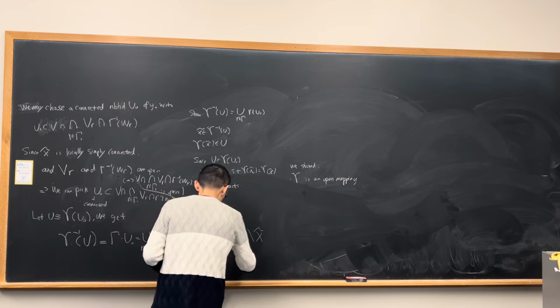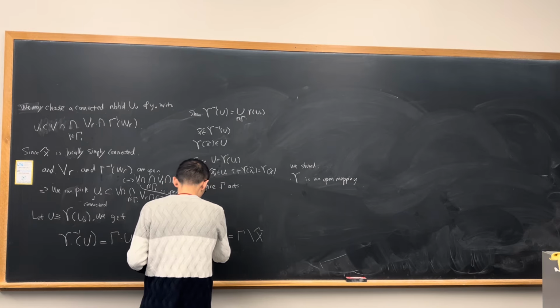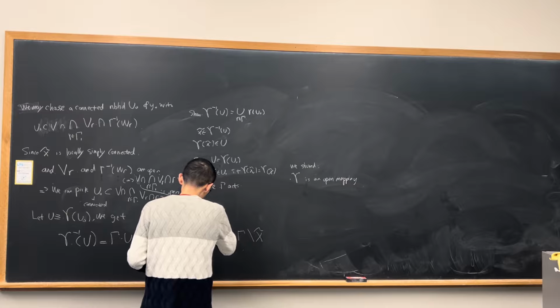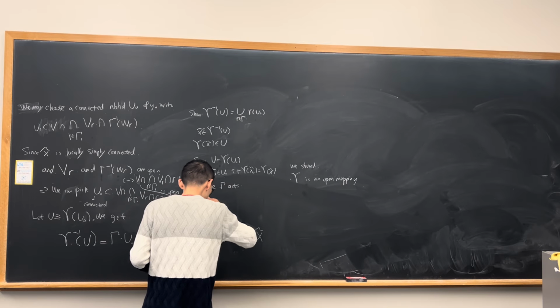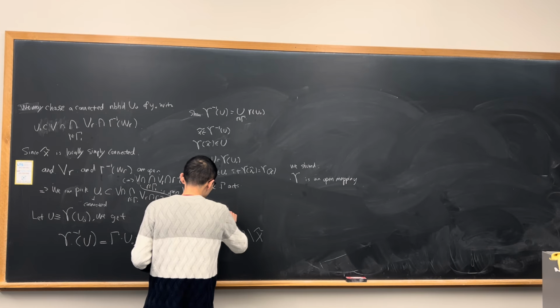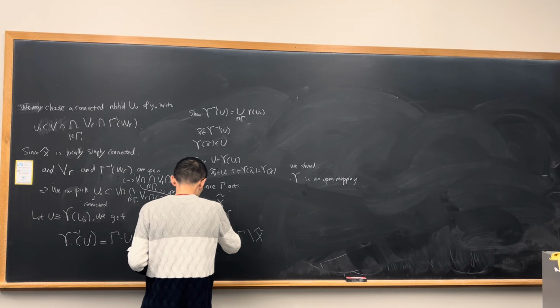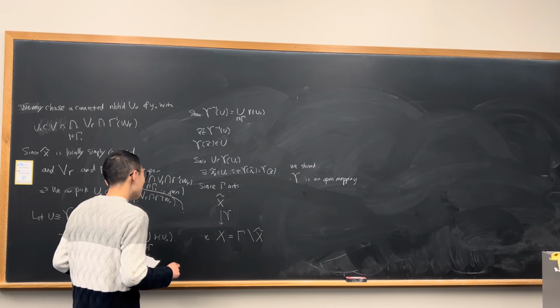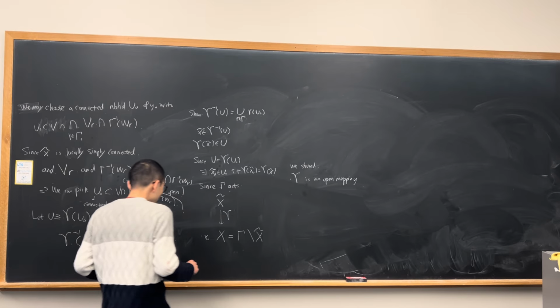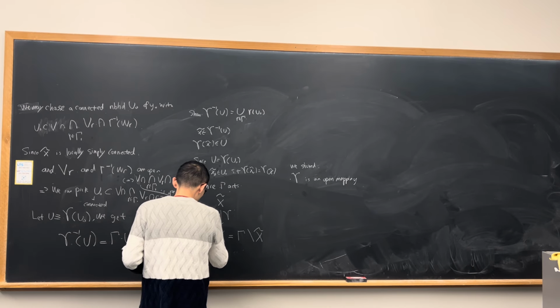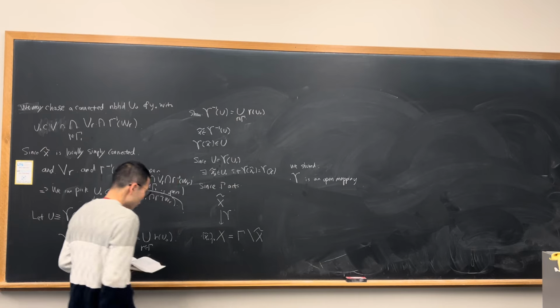So we pick a point, let's say x naught here. This gamma is a quotient map, and maybe I should write, instead of x tilde, the equivalence class under the gamma.